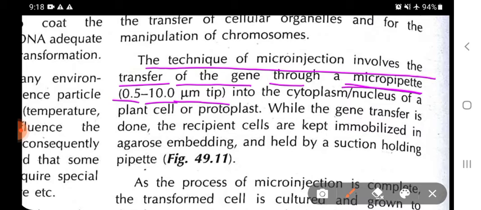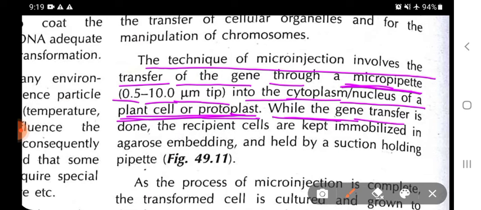Within this micropipette we have taken our desirable DNA, and the gene is introduced into the cytoplasm or nucleus of a plant cell or protoplast.